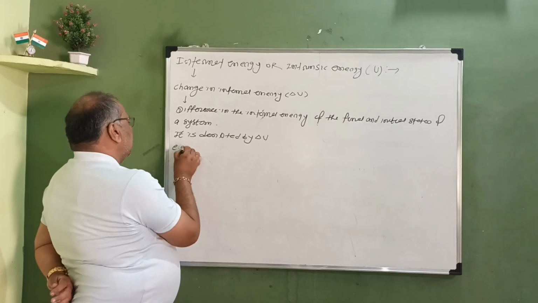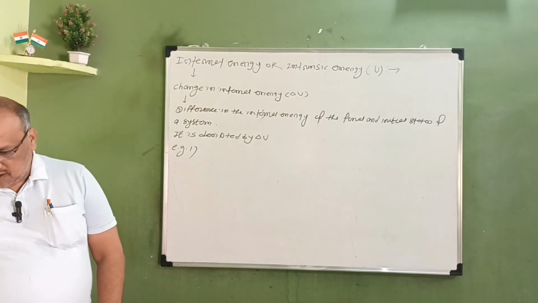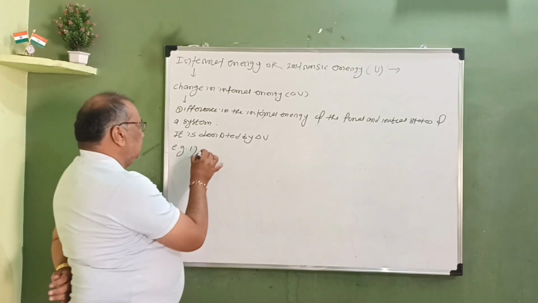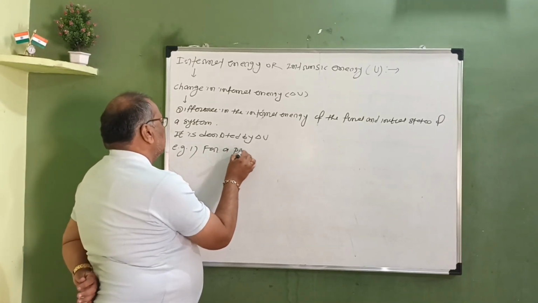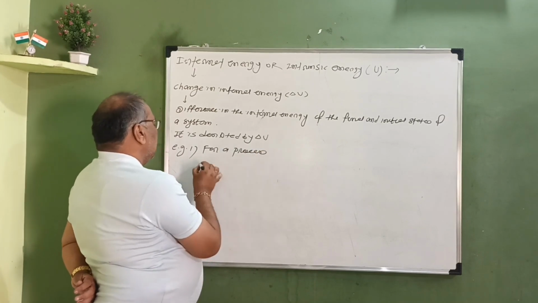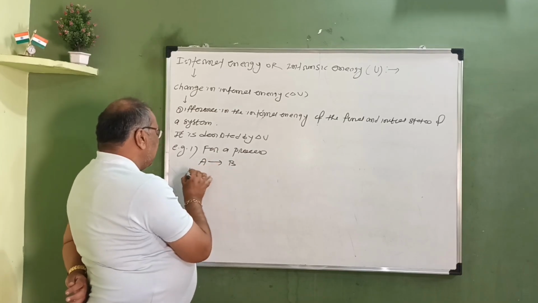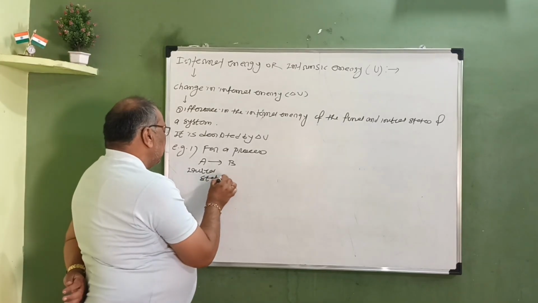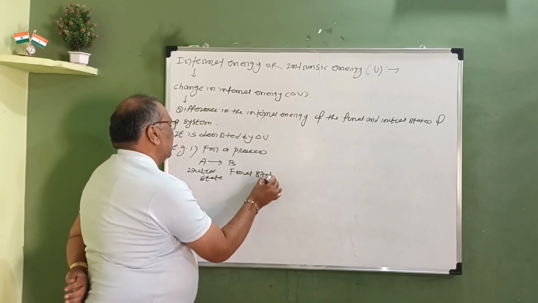Example first, for a process suppose A changes to B, here A is the initial state and B is the final state.